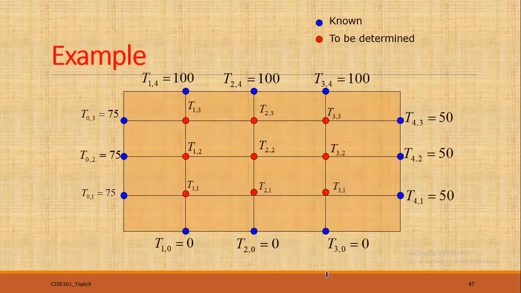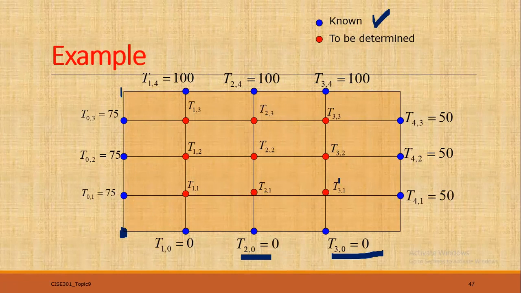So T00 is 0, T10 is 0, T20 is 0, T30 is 0. Also all the blue dotted nodes have known values, and the red values are to be determined.